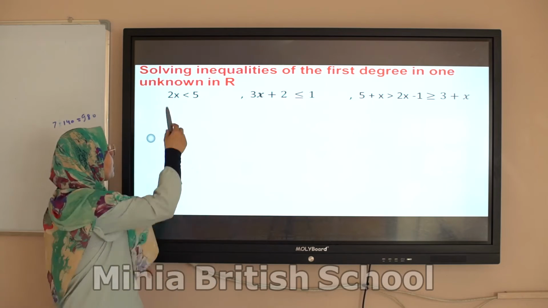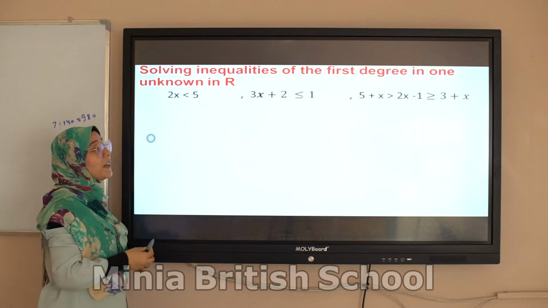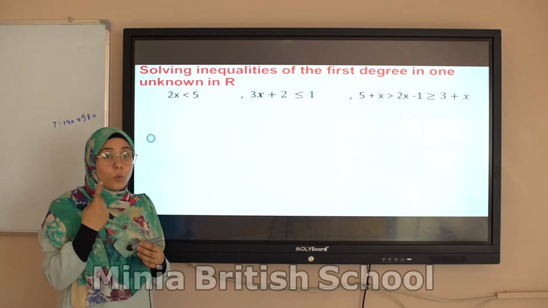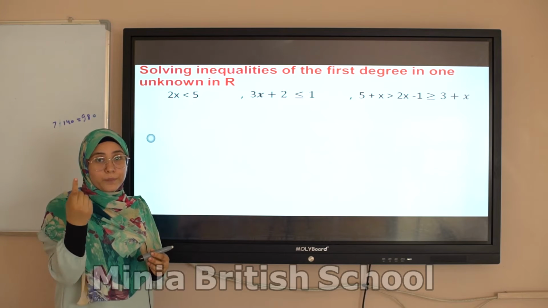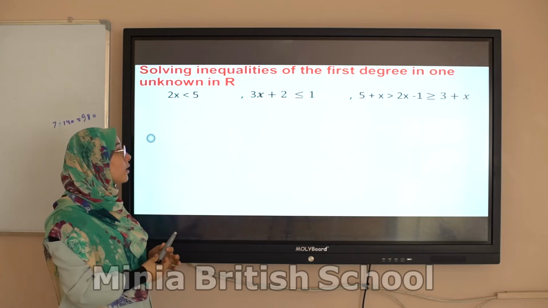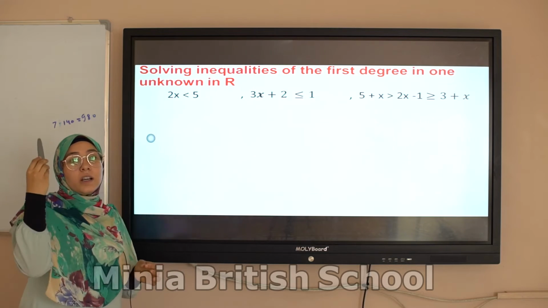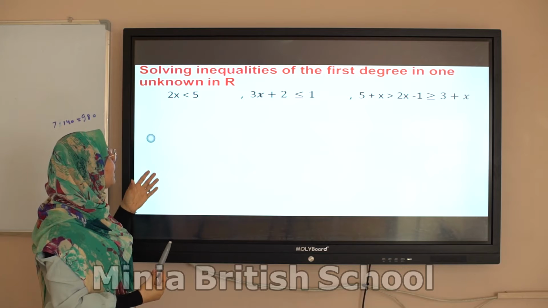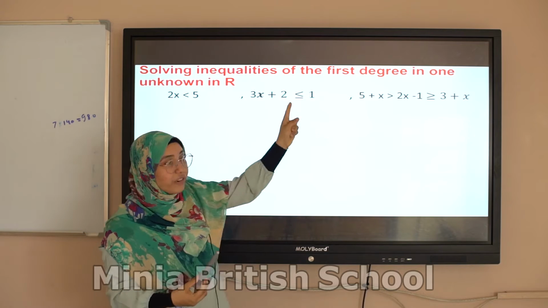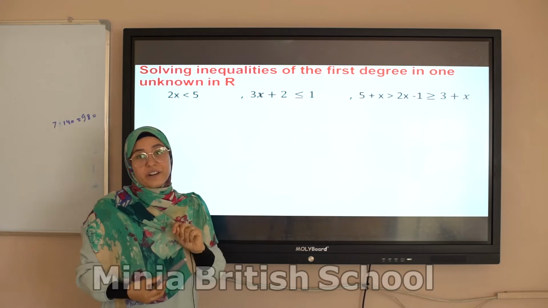Here, the index of the variable x equals 1. Therefore, each of the inequalities here is called an inequality of the first degree in one variable.